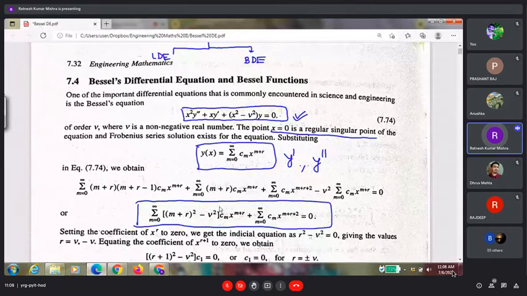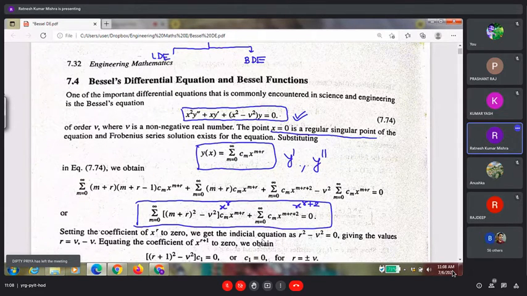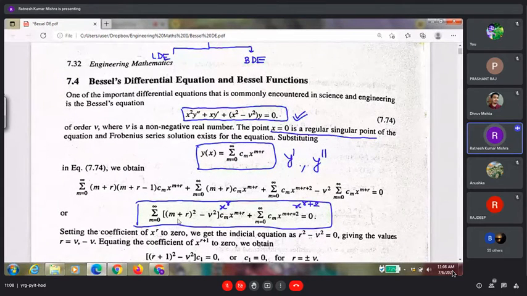Now substituting m equal to 0, so this is x to the power r and this is x to the power r plus 2. After substituting m equal to 0, the minimum degree term is x to the power r. So equate the coefficient of x to the power r to 0. In the place of m substitute 0, so (r square minus v square) c naught equal to 0.